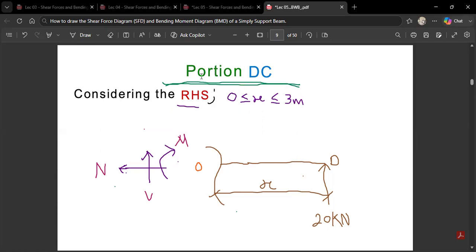So first I'm going to say at D, at X is equal to 0. The shear force at D is equal to 0. Then we come and do for C, then I'll use the 3. That is what I'm going to be doing.